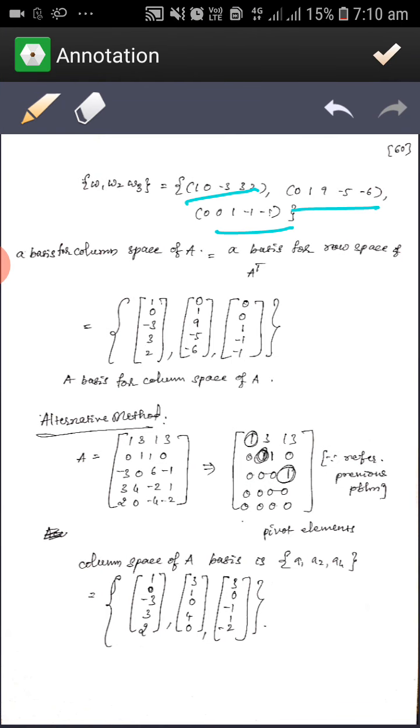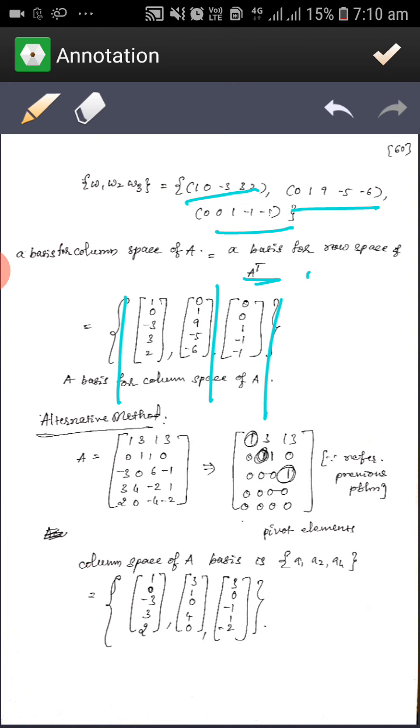This is the basis of the column space of A, that is, A transpose. In terms of columns we can write the same thing.